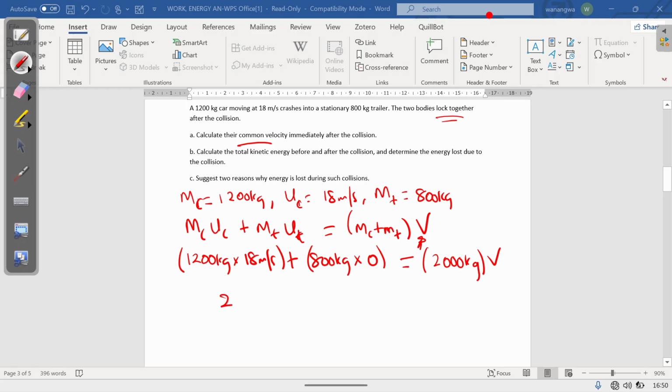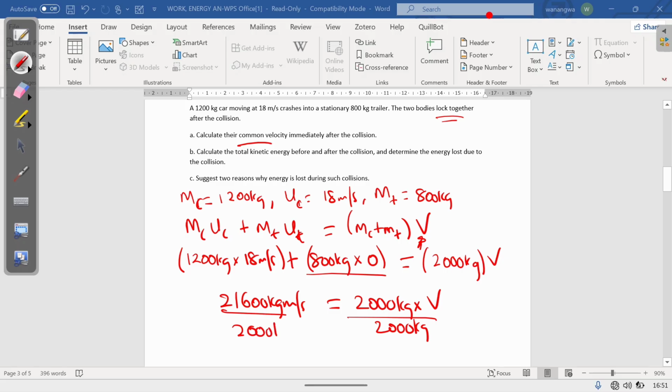This gives us 21,600 kg meters per second. This becomes 0, which is equal to 2,000 kgs times V. Divide by 2,000 kgs.